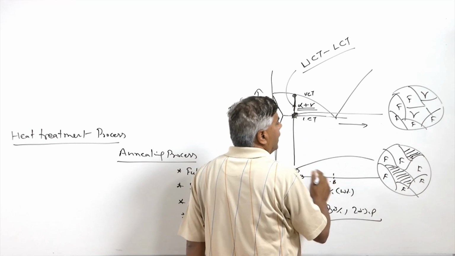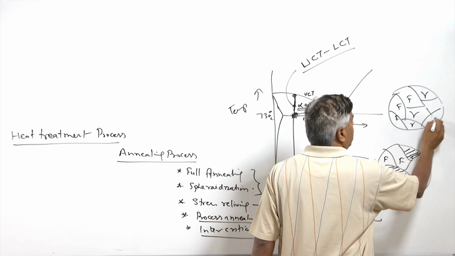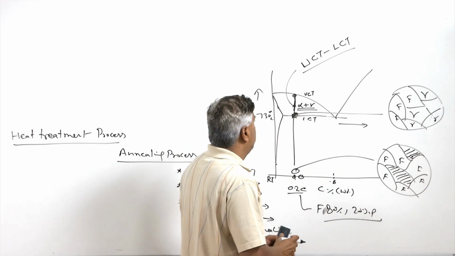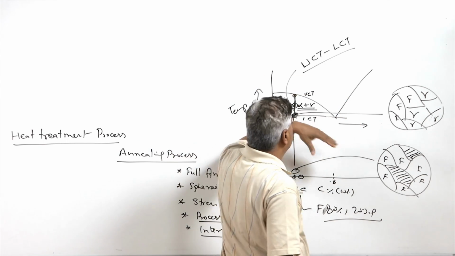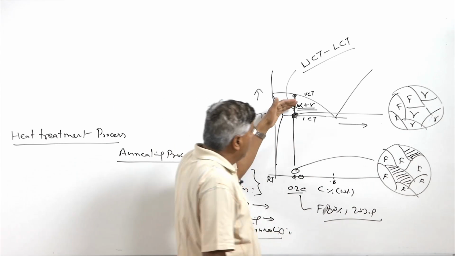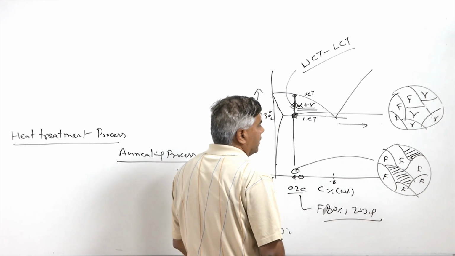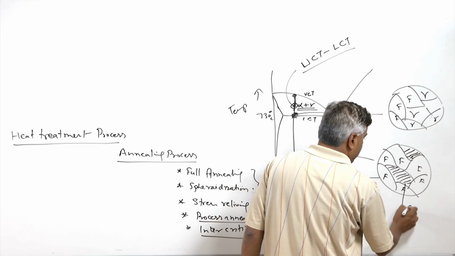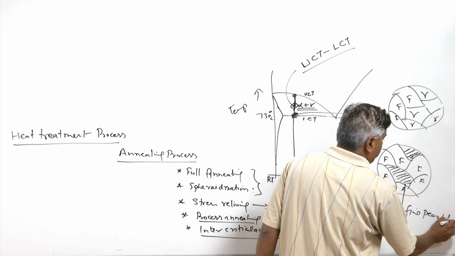On further heating to a higher temperature, some of the ferrite grains will also be converted into austenite. Once we start cooling, after heating and holding for some time so that homogeneous austenite is formed, we cool slowly so that fine perlite is formed.